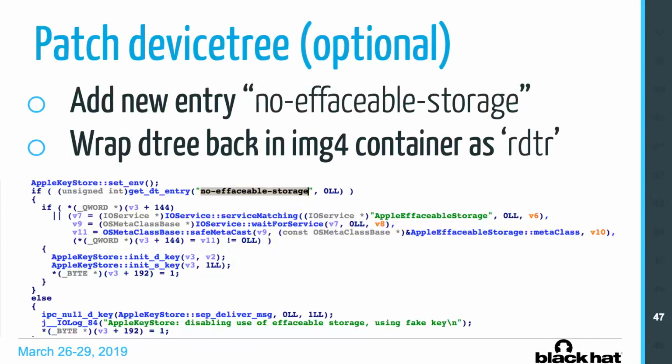As we see here, that's part of AppleKeyStore text, and we see if no fuseable storage entry exists, the Apple key store will disable the fuseable storage and switch back to fake keys. That's what we need to make sure it's not going to override the original keys. Yeah, so again, just add the no fuseable storage entry to the device tree, and we're good to go.